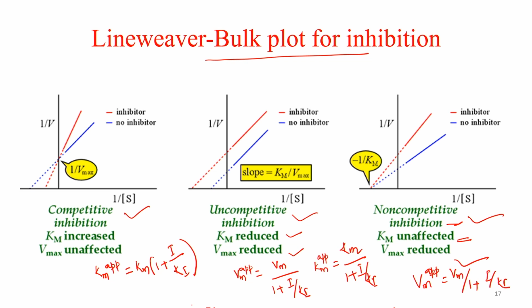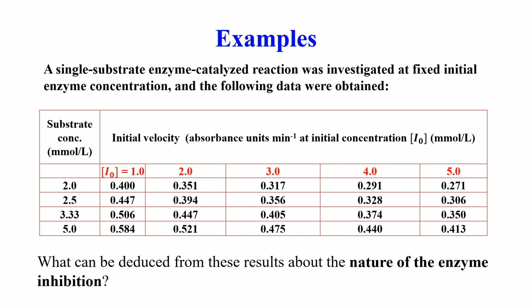Now, we will see a couple of examples based on these three concepts. So, here a single substrate enzyme catalyzed reaction was investigated at a fixed initial enzyme concentration and the following data were obtained. So, we have the substrate concentration S and we have the velocity in the presence of different inhibitor concentrations 1, 2, 3, 4 and 5 millimole per liter.